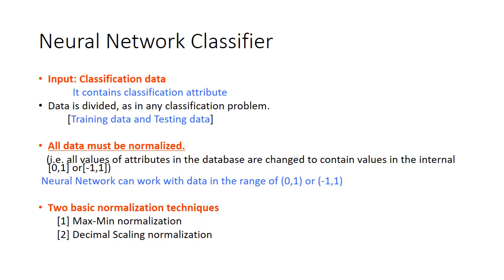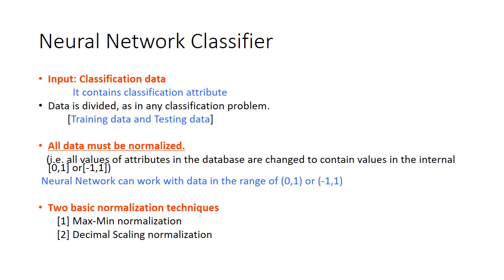Then we will divide the data set into two categories, as we are dealing with classification. Your data should be divided into two parts. The first part is training data and the second is testing data. Why do we need training data? Training data is used to build a model. This is the seen data. We know what the attributes are and what the decision class is.